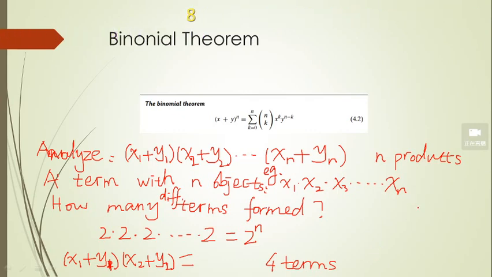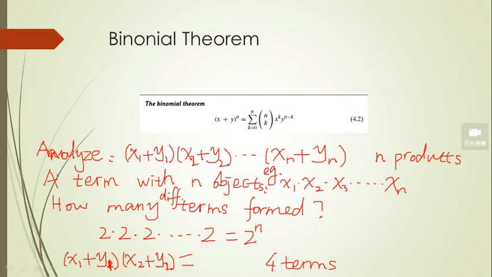Not 9. It's 2 to the exponent, and the exponent represents the number of parentheses we have. So here we have the 2 to the 3 case.